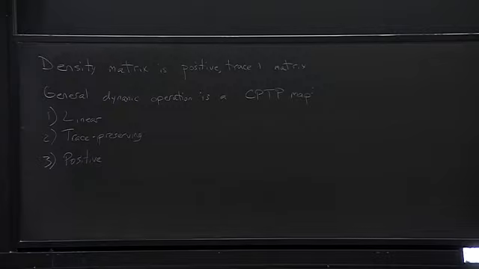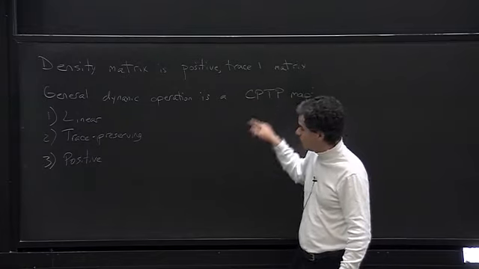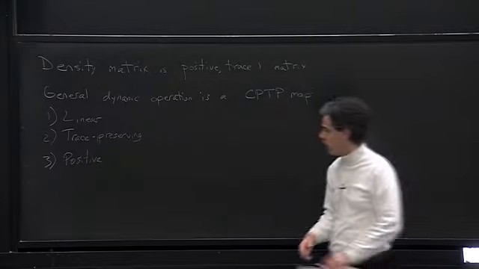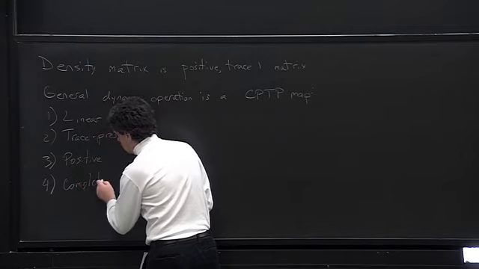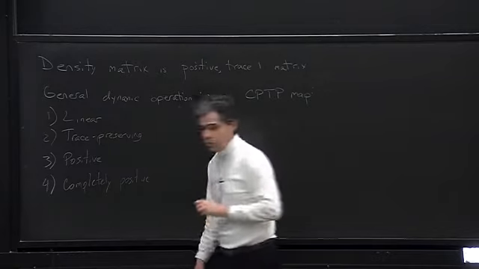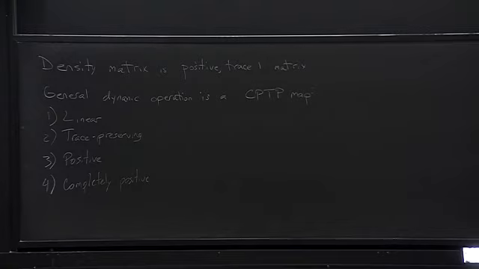But it turns out that this is not enough. And this is where the C comes in. I guess this P is the positive. But what we want is maps that are not just positive, but completely positive. And the reason is, remember, the density matrix could just be part of a bigger system. And if we're only applying this operation to part of the system, we still want it to be true that the overall state remains a density matrix.